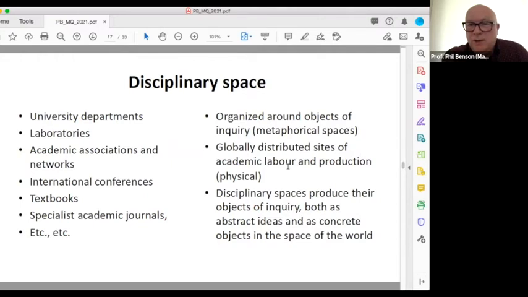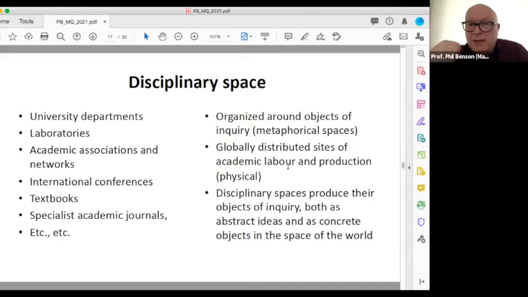So basically a disciplinary space is organized around an object of inquiry, and in that sense it's a metaphorical space, but it also becomes this globally distributed site of academic labor, production of texts and ideas and so on, which acts as a guarantor for the object of inquiry.